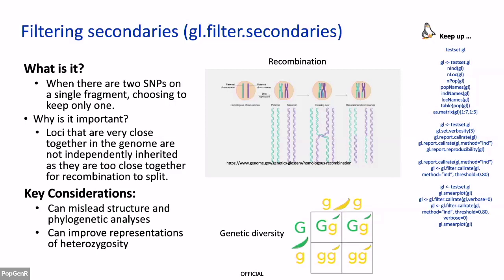But that's not because they're two independent markers. They're actually just really, really close together on the genome. And so we remove secondaries where our analysis requires independent inheritance, and we expect that to be shown in the analysis.